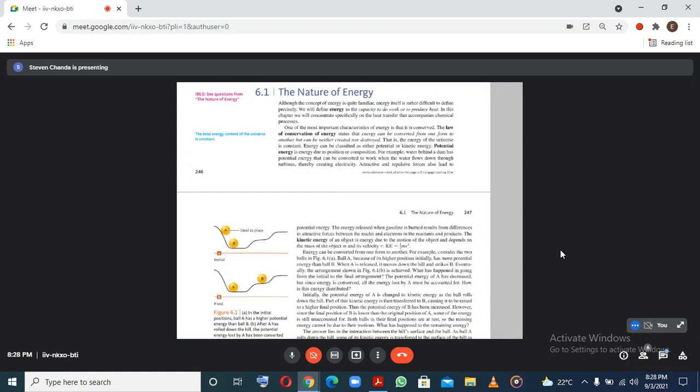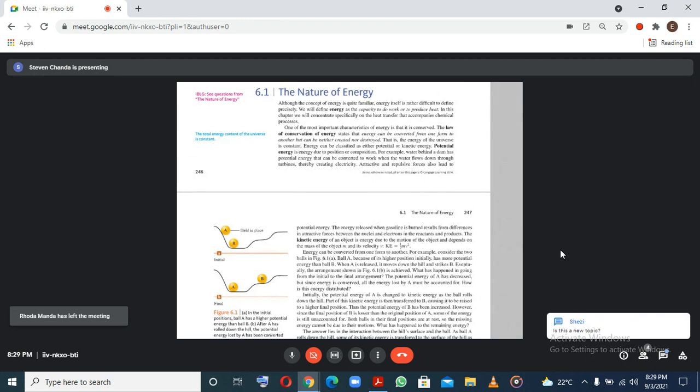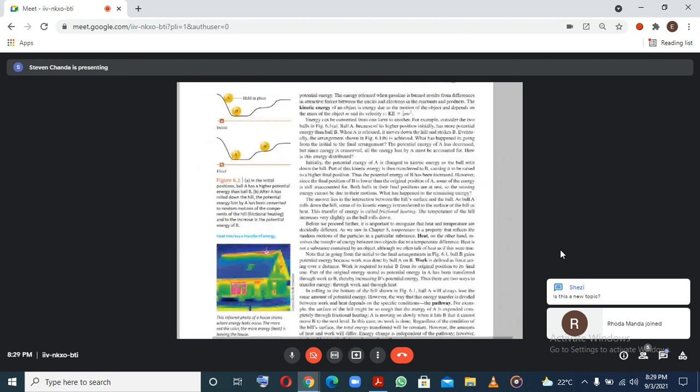And one of the most important characteristics of energy is that it is conserved. So what does this tell us? This simply tells us that energy can be converted from one form to another, but can neither be created nor destroyed. So whatever form of energy you are going to see, it's not created.